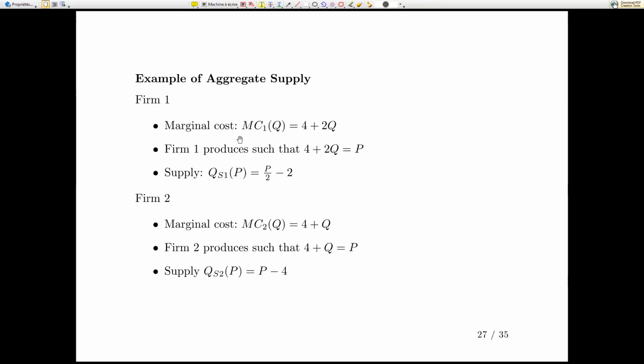If the marginal cost is MC1 of Q equals 4 plus 2Q, this is the inverse supply if you want. To get the supply, I just invert this relationship. So Q is going to be equal to P divided by 2, because I have 2Q here, minus 4 divided by 2. Is that so?